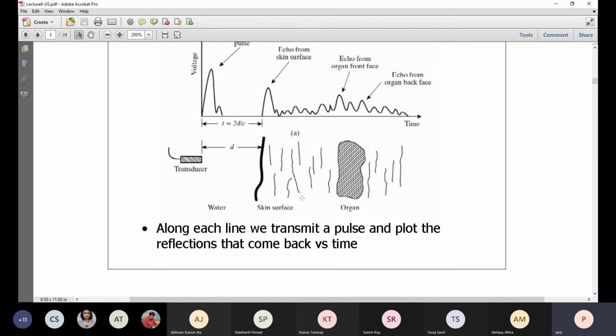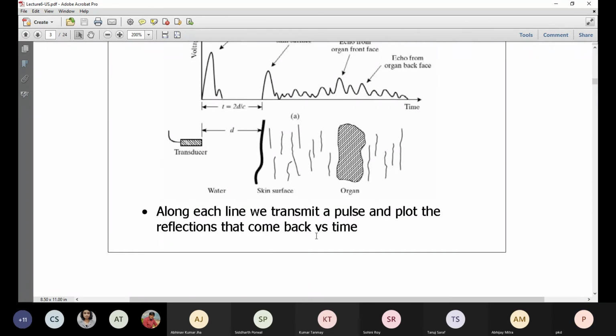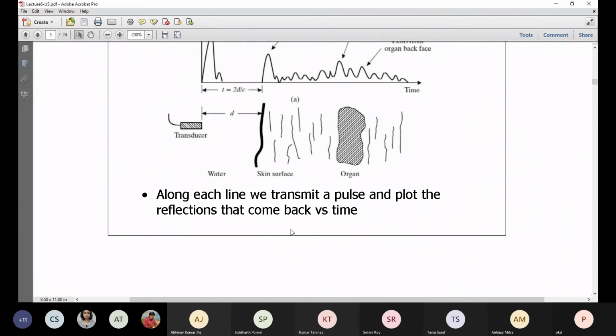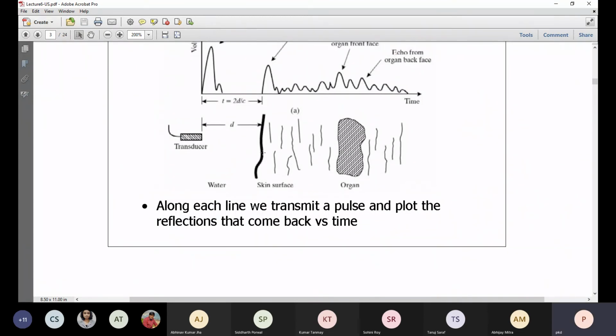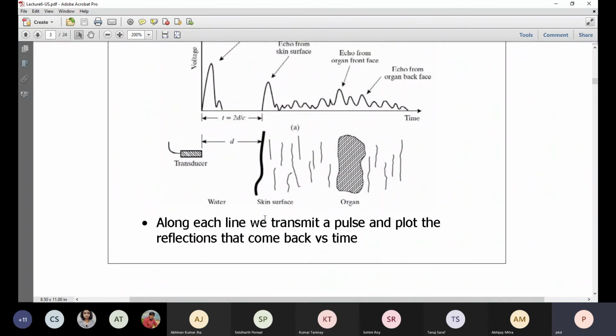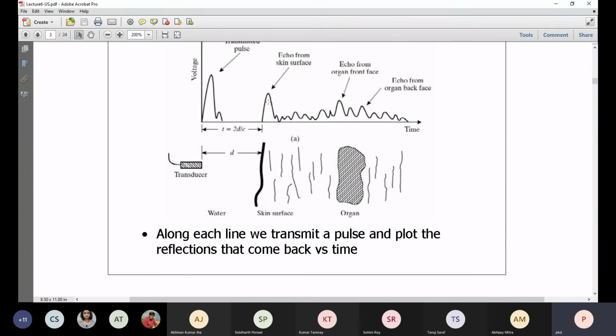So basically, the reflection comes from the differential acoustic impedance. So corresponding to the position of the transducer, one scan line will be created, and the subsequent echo amplitude will be recorded.